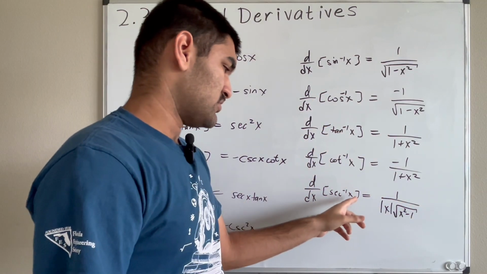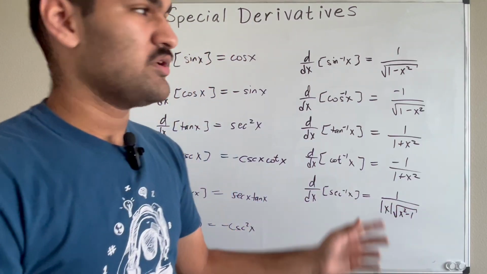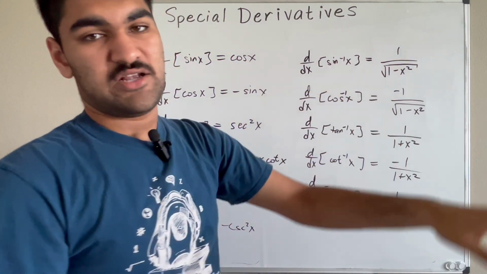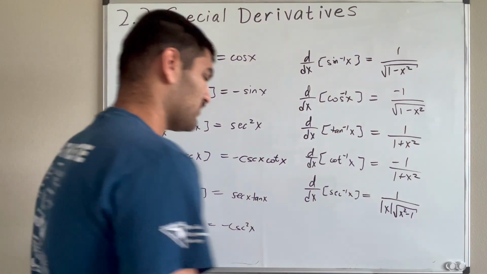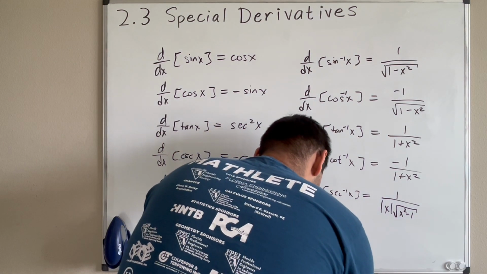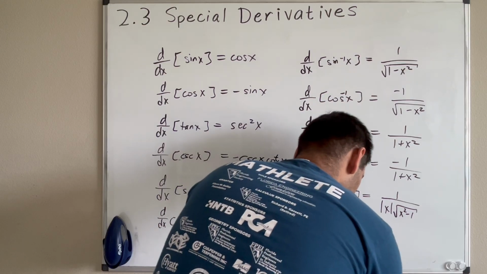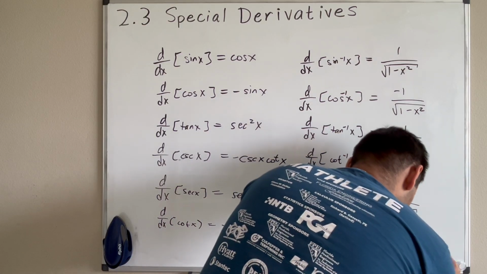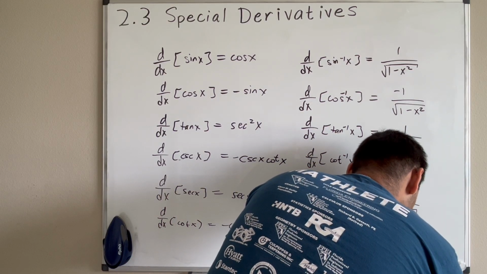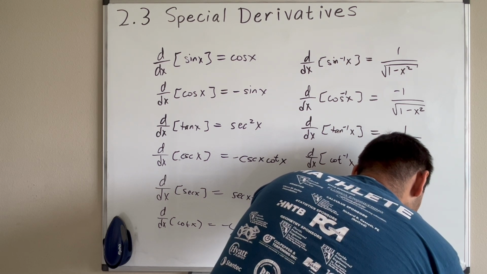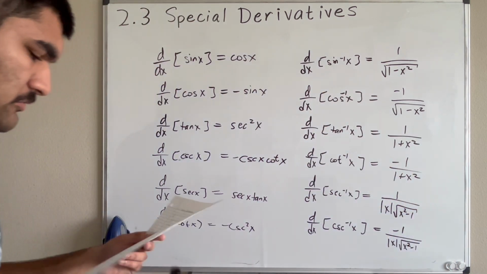So in secant inverse it's x squared minus 1 in the square root, and in sine inverse it's 1 minus x squared. And then obviously the derivative of inverse cosecant is just the negative of this. Okay, coolio.